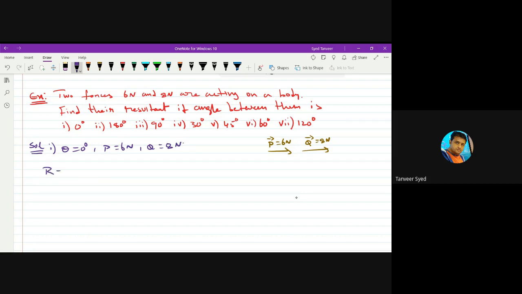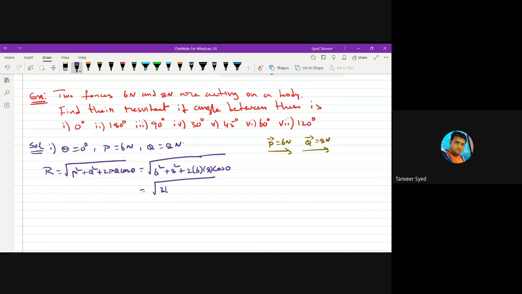The resultant of these two, root of P square plus Q square plus 2PQ cos theta. Root of 6 square plus 8 square plus 2 into 6 into 8 into cos 0.